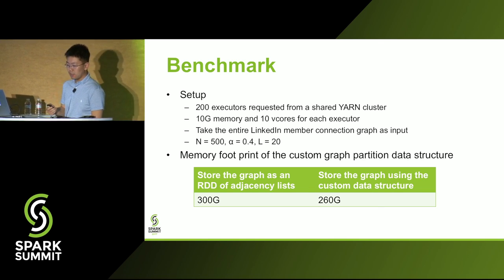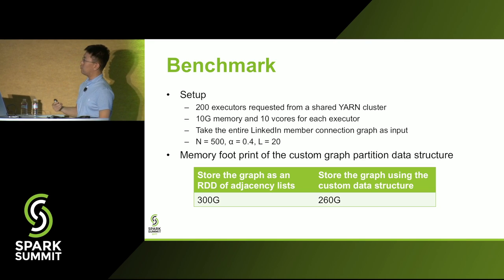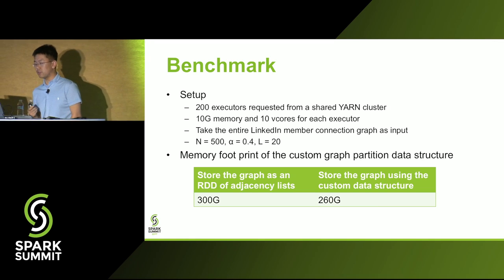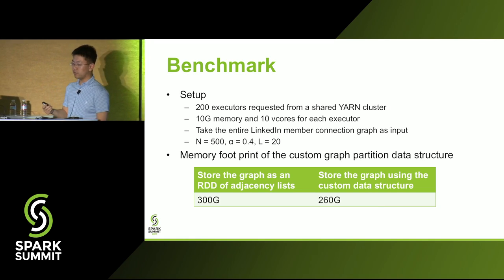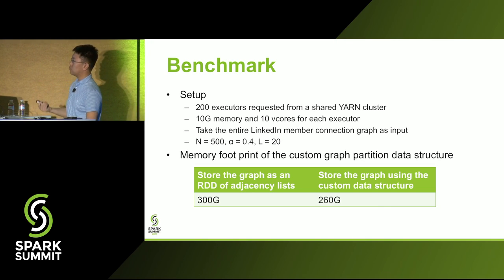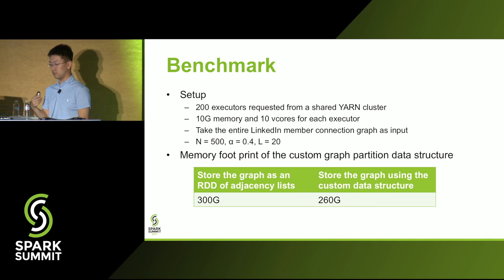In addition, the benchmark we did takes the entire LinkedIn member connection graph as the input. For the parameters of the algorithm, we set the number of random workers to start per vertex to 500, the restart probability to 0.4, as well as the max walk length to 20.